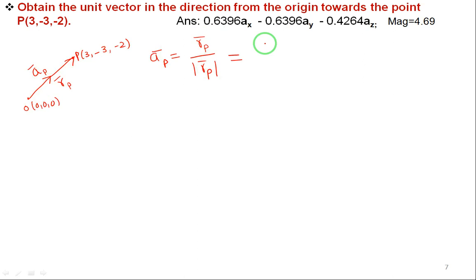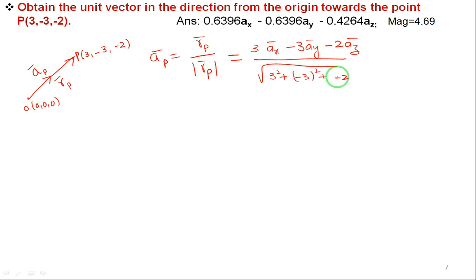The vector RP: the coordinates of point P are 3, minus 3 and minus 2. Just associate the unit vectors for it. 3 AX minus 3 AY minus 2 AZ, divided by the magnitude of RP vector, which is the square root of 3 squared plus minus 3 whole squared plus minus 2 whole squared.